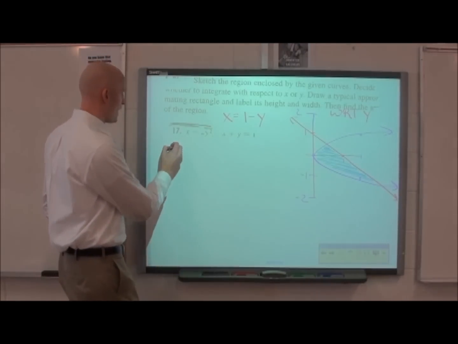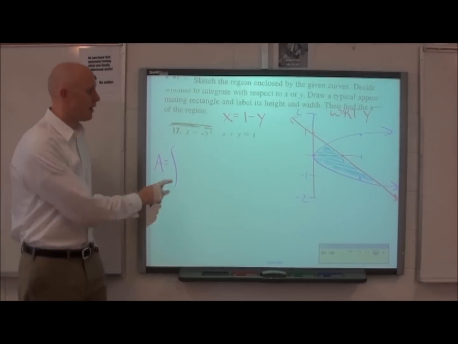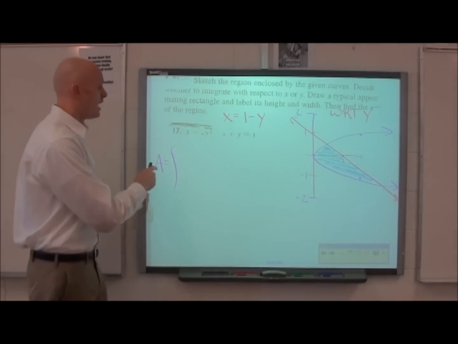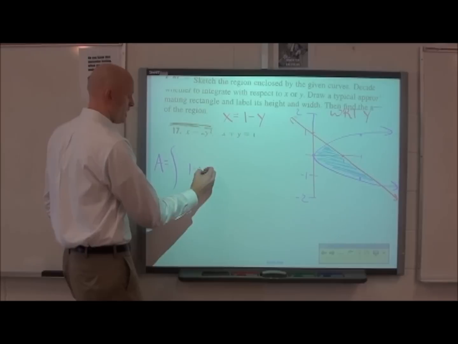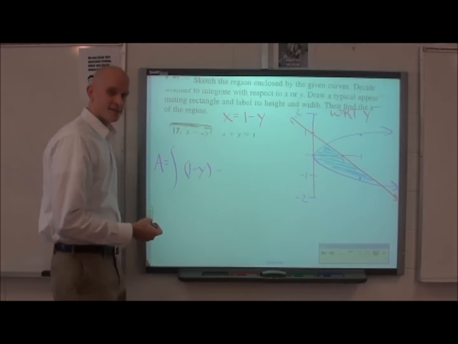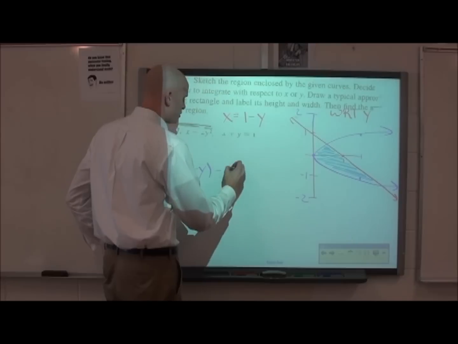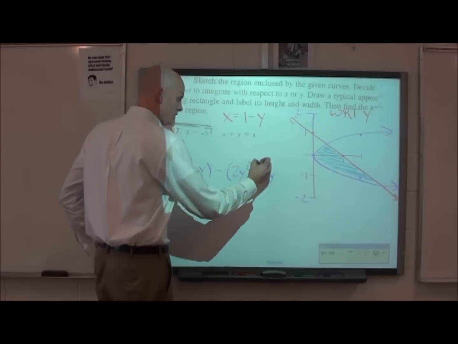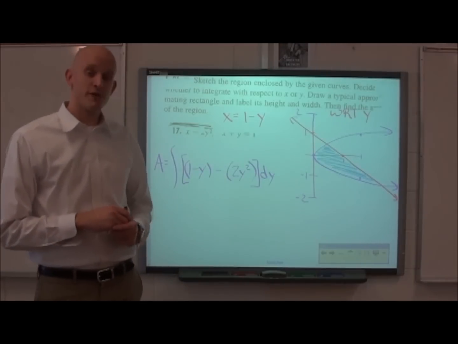We know that we're going to have the area equal to our upper and lower limits of integration we'll find here in just a second. But we know that we're going to do the right curve, which is this one, 1 minus y, minus the left curve, which is this one, 2y squared. And all of that is what we will integrate with respect to y.